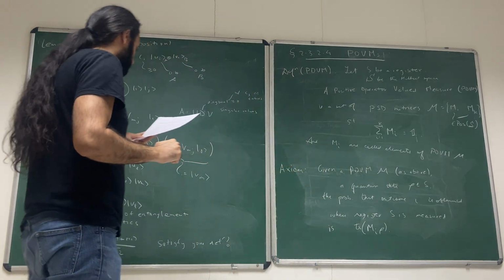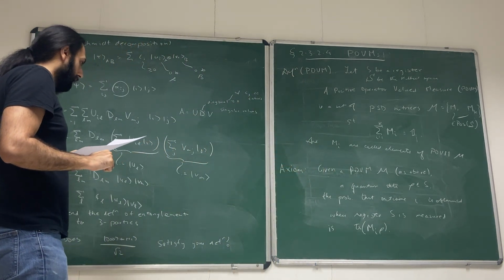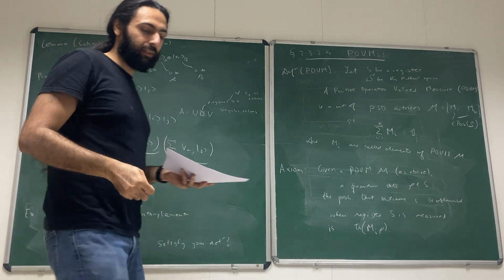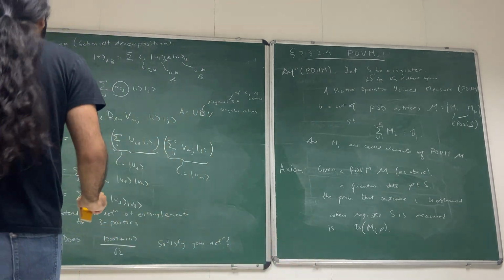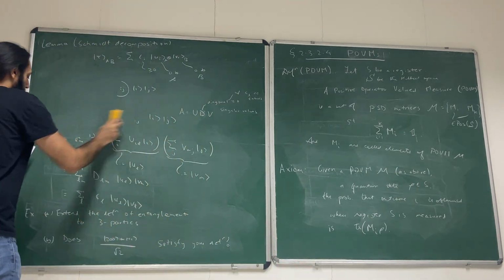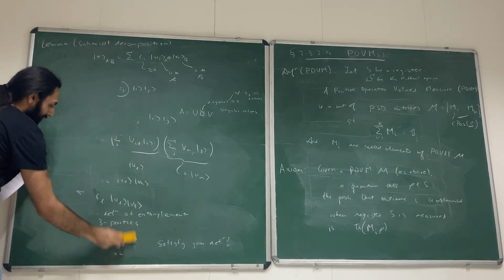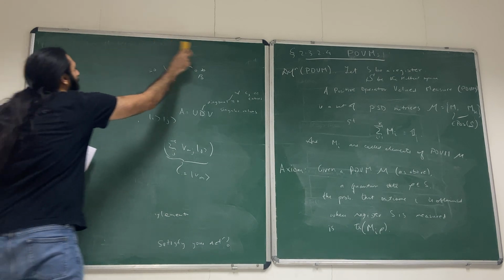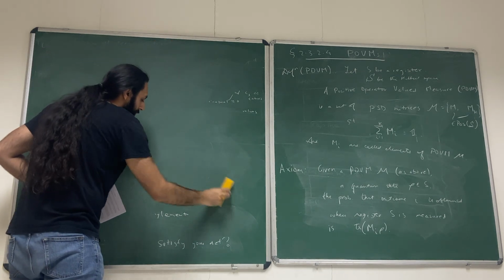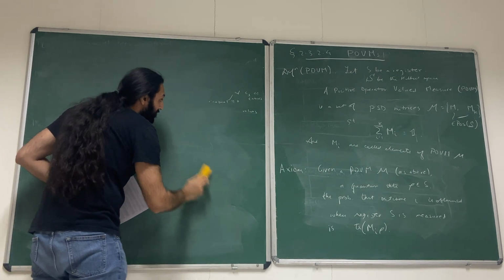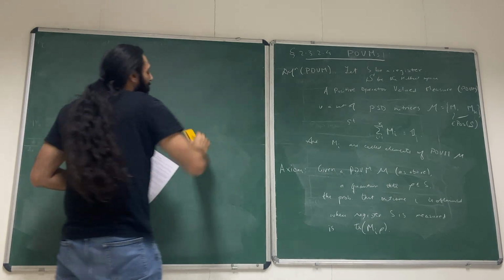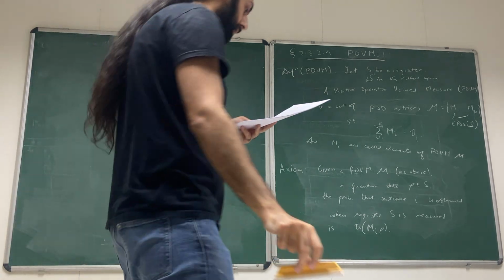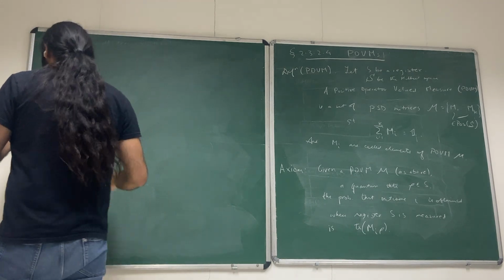The nice thing here is that one can show that this is the most general form of a measurement one can have in quantum mechanics, using linearity arguments and conservation of probability.